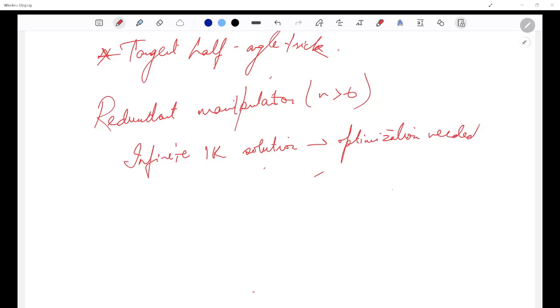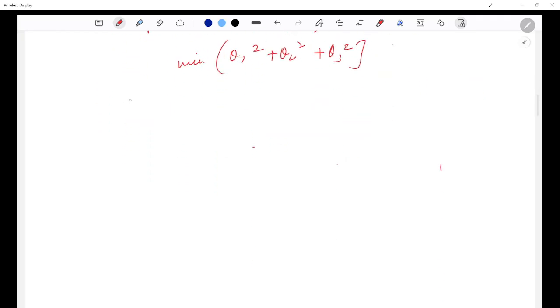Let's say an example objective is to minimize theta 1 squared plus theta 2 squared plus theta 3 squared. Now this optimization can be subject to some constraints, such as obstacle avoidance, torque minimization, and smooth motion.